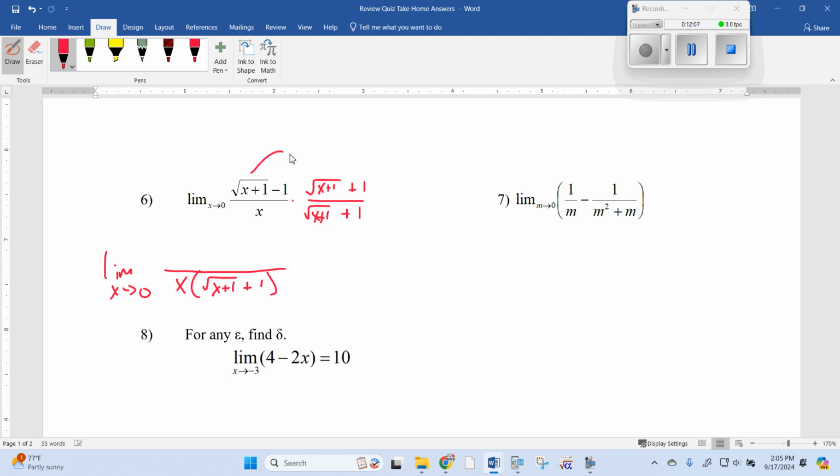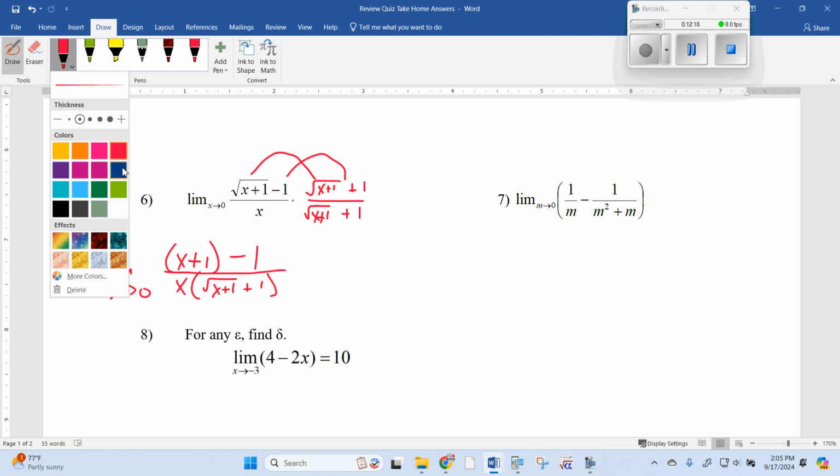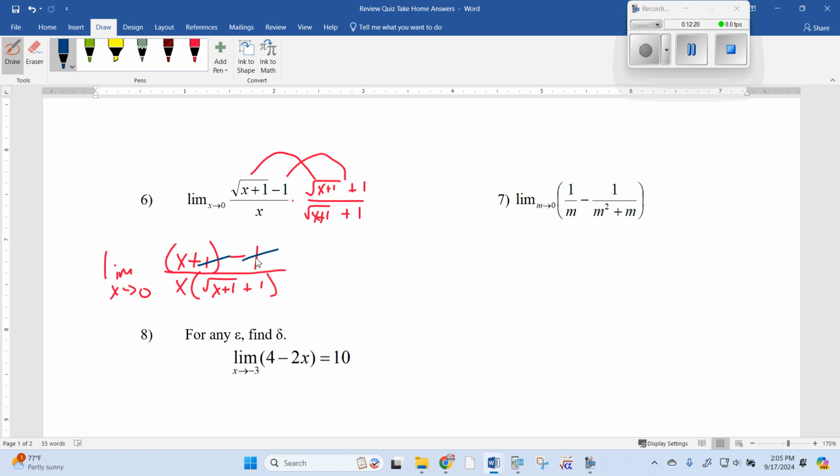On the top, our first becomes just x plus 1. Our outside and inside terms cancel, and our last is -1. So the ones cancel. I'm left with x here and x on the top. They cancel. So then when I substitute in 0, 0 here gives me the square root of 1, which is 1. 1 plus 1. And I have 2.